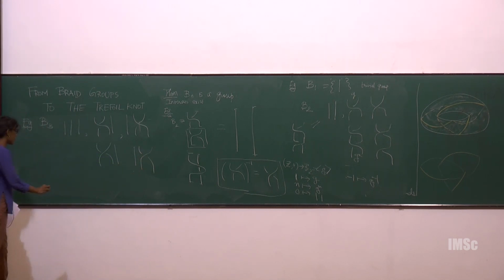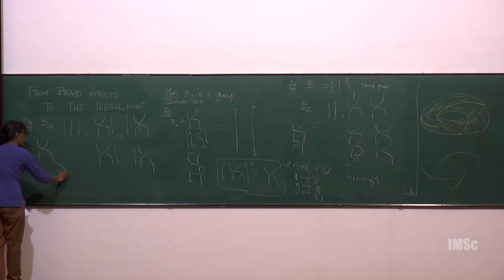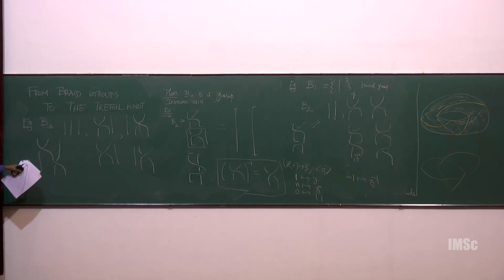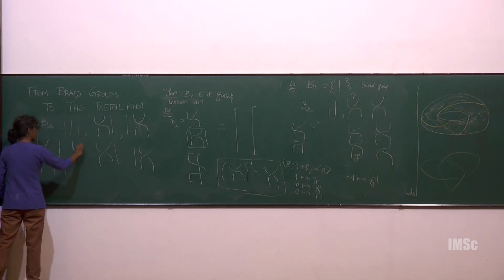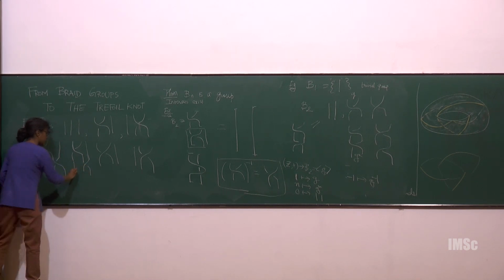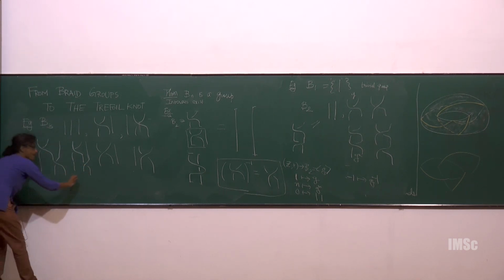And so on. But soon you start to see that we can start drawing combinations also. We can do this followed by that, overcrossing, overcrossing. And what about combining overcrossings and undercrossings like this? Is this allowed?